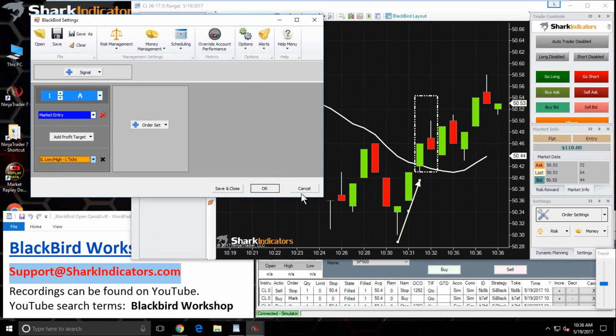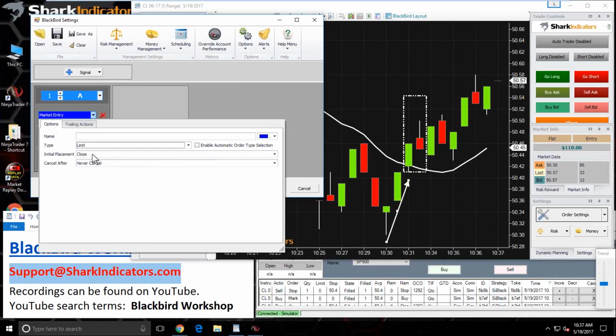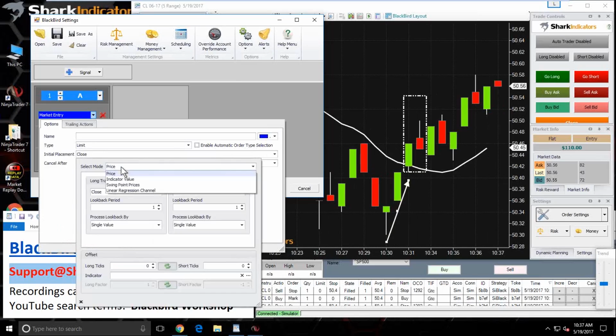So Frank is asking, if an indicator is being used to set an entry, okay, so we're talking an entry order, I take it. So if we're using an indicator to set an entry order, let's say we're going to use a limit order, and we want our limit order to use an indicator value.